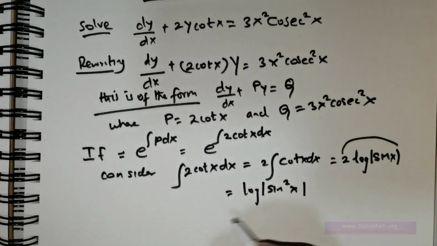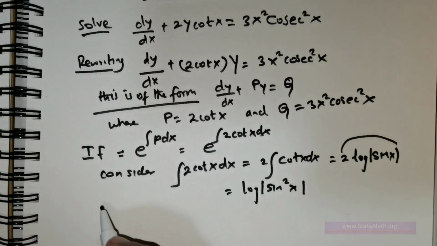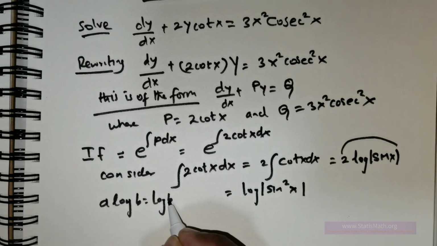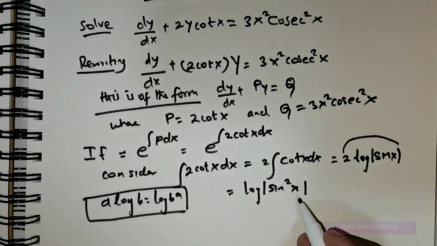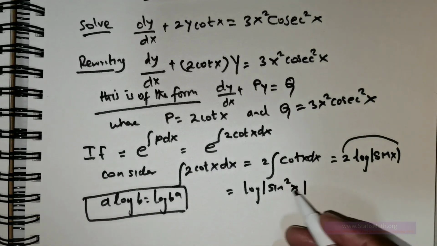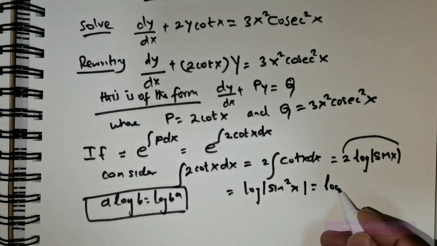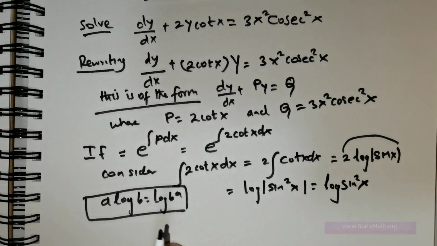I can always change it, right? Because a times log b is log of b raised to the power a. By this fact, I can do this. Now you don't need to place a modulus sign, so you can simply write it as log of sin² x.